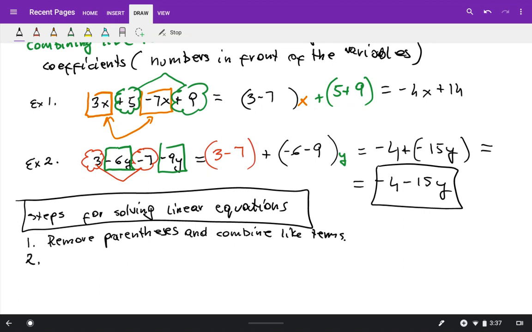Okay, the second step will be clear any fractions. So I'm going to rewrite what you have on the PowerPoint: clear any fractions.